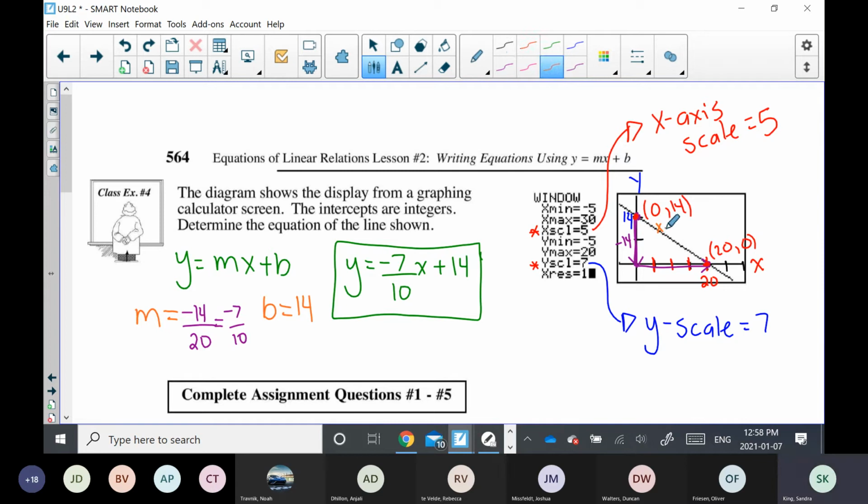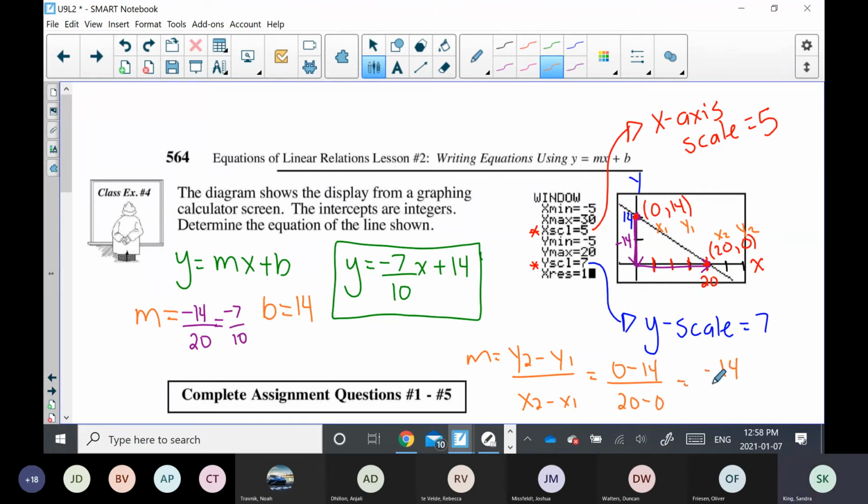Then you would say X1, Y1, this guy, X2, Y2. So let's double check. Y2 minus Y1, you might have to do this in your homework if it's not easy to see, over X2 minus X1. So Y2 minus Y1, 0 minus 14, over X2 minus X1, 20 minus 0.